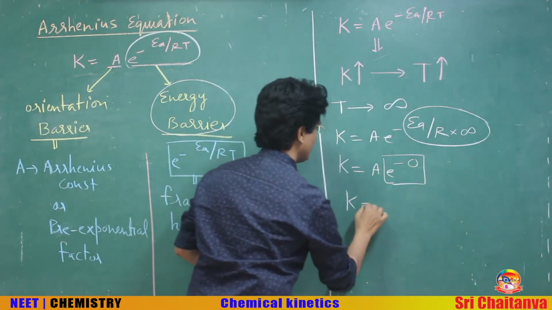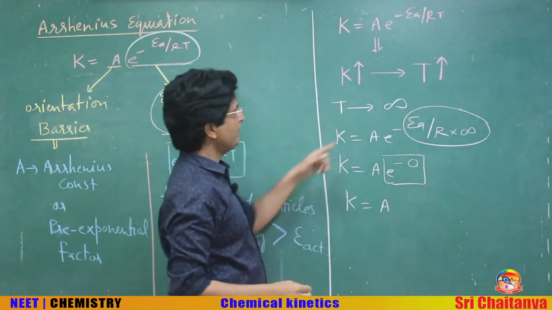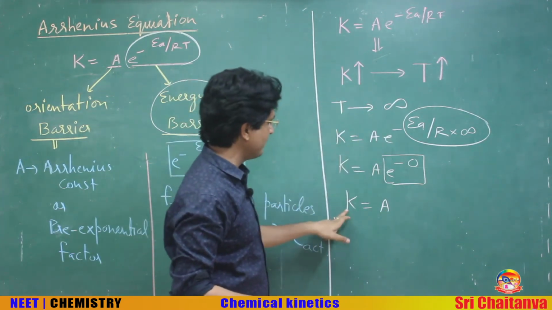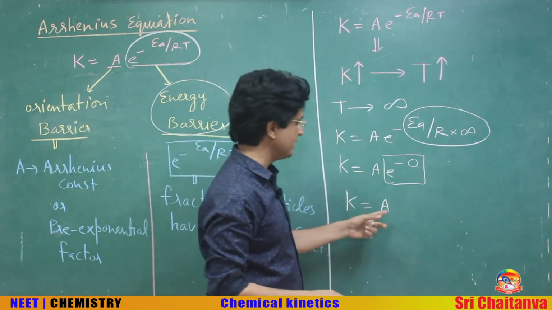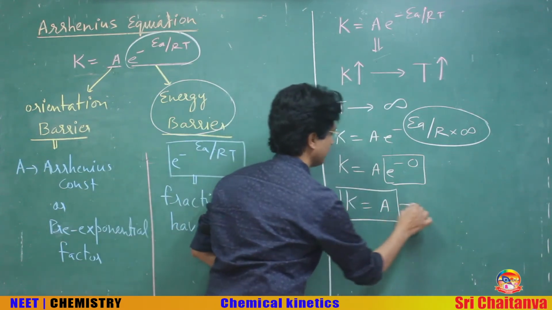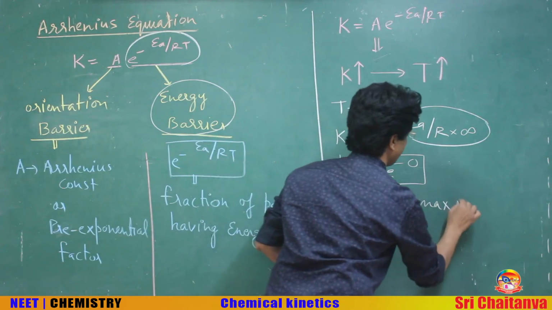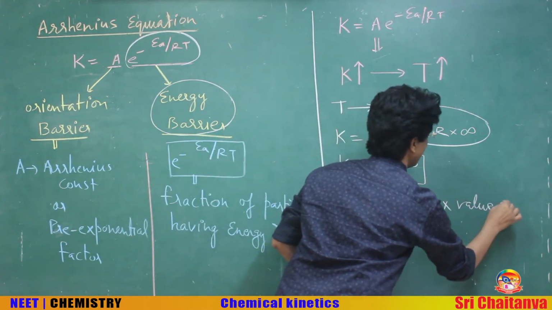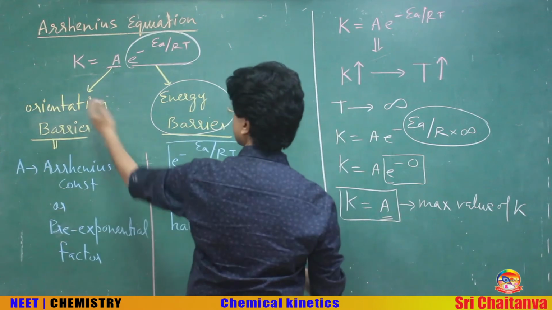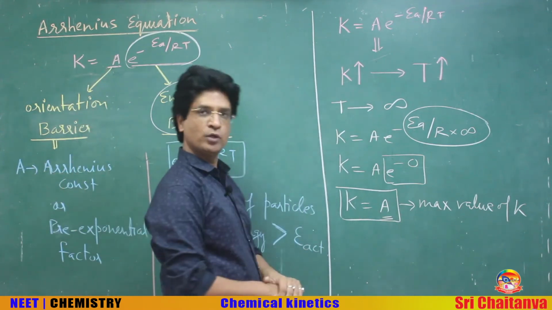So K will be equal to A. That means if I increase the temperature to infinity, the maximum value of K which can be achieved is A, not more than that. What is the maximum value of K? It is A, the pre-exponential factor or Arrhenius constant.